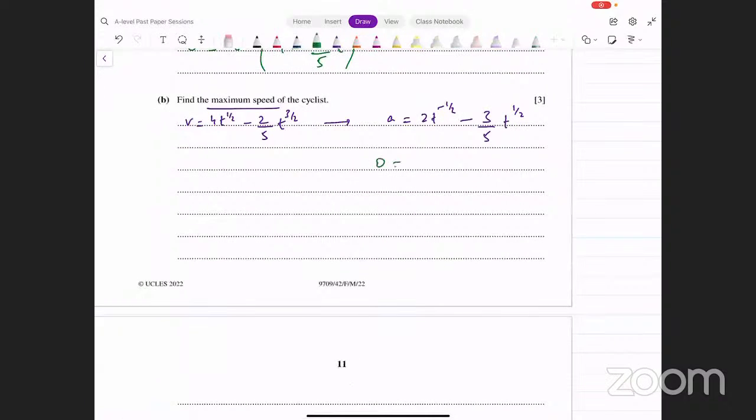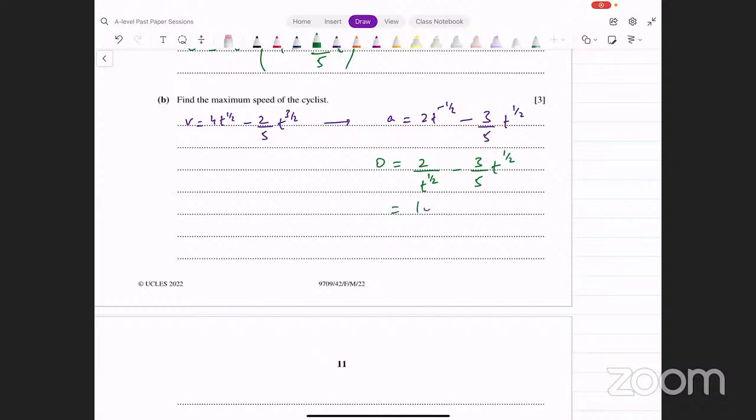And that's going to give us the value for time. Time आ जाएगी, उसको वापस हम यहाँ पे speed वाले formula में input कर देंगे, corresponding speed आ जाएगी उस time के ऊपर. अच्छा, 0 equals 2 over t raised to power 1/2 minus 3/5 into t raised to power 1/2. We multiply by 5t raised to power 1/2 to get rid of the fraction.